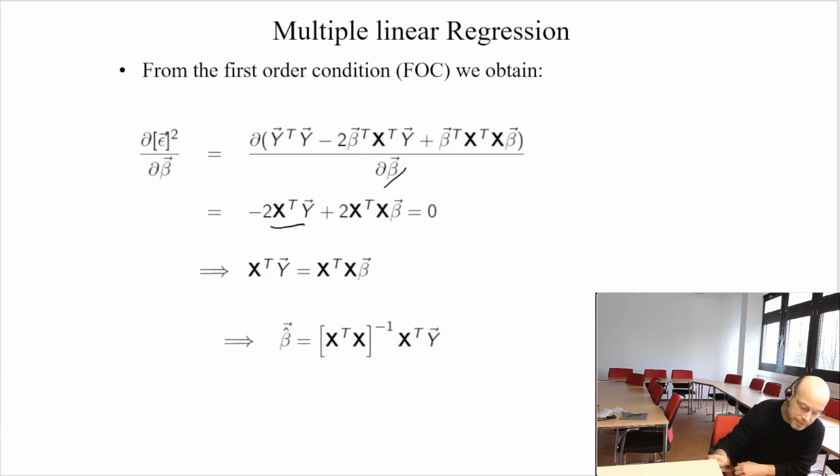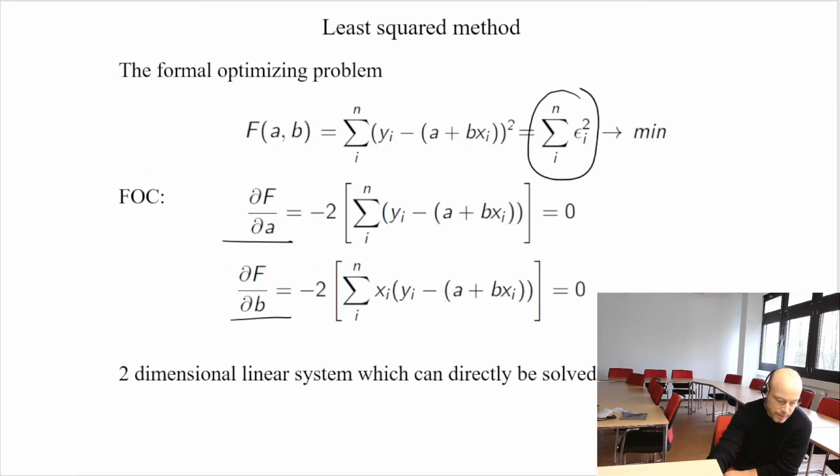Let's look at this here. Minus 2 times the transposed matrix times y. This looks quite similar as in this case here.